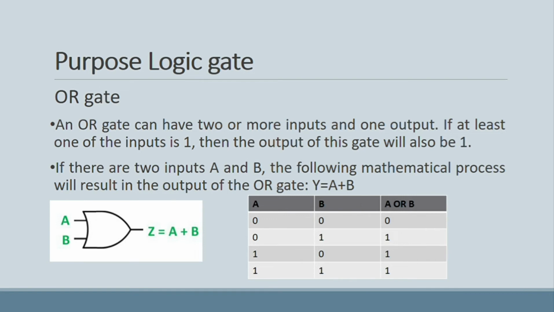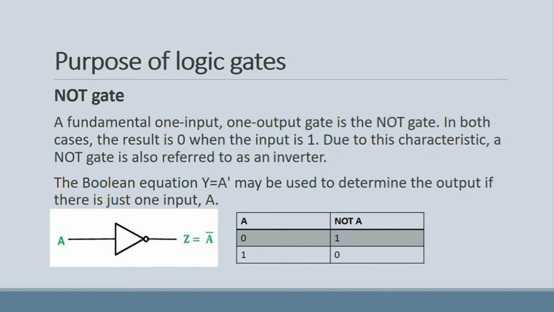OR gate. An OR gate can have two or more inputs and one output. If at least one of the inputs is 1, then the output of the logic gate will also be 1. NOT gate. A fundamental one-input gate is the NOT gate. In both cases, the result is 0 when the input is 1.